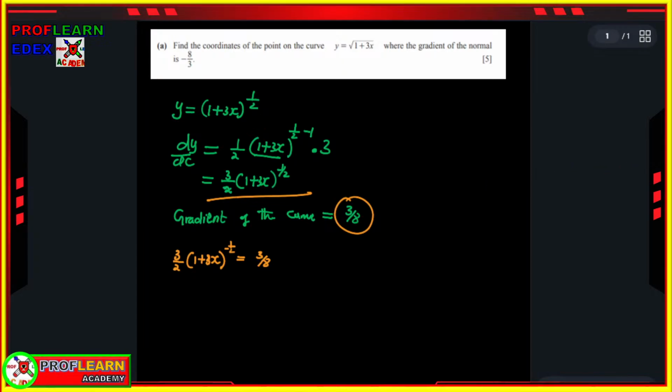In order to simplify this, we shall multiply both sides by 2 over 3, and of course this cancels out, and we shall have (1 plus 3x) raised to power negative 1 over 2 equal to what? This will cancel out. We shall have 1 over 4 at that point.